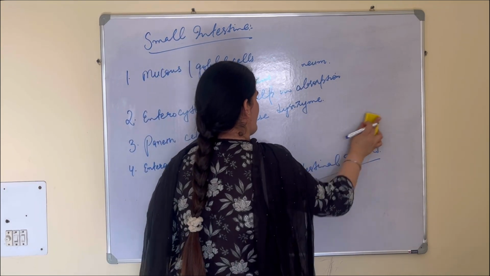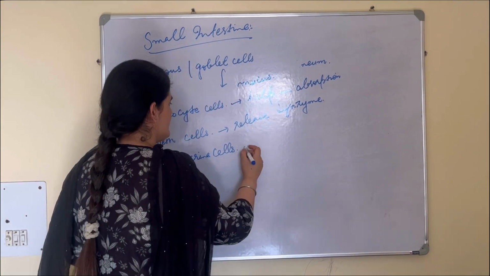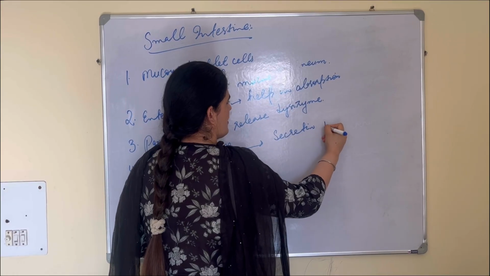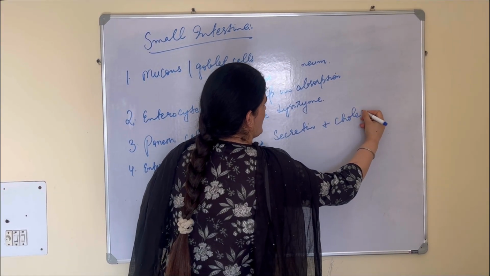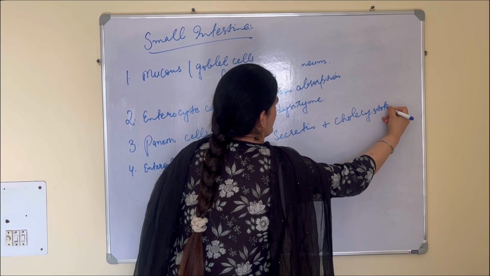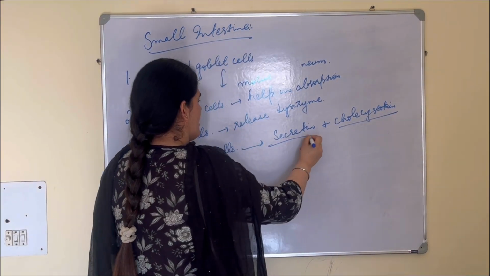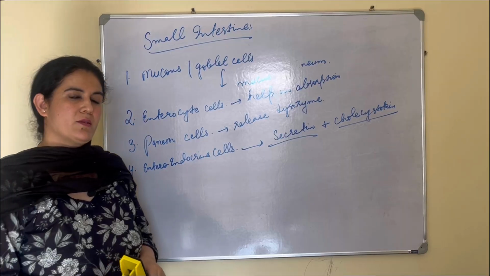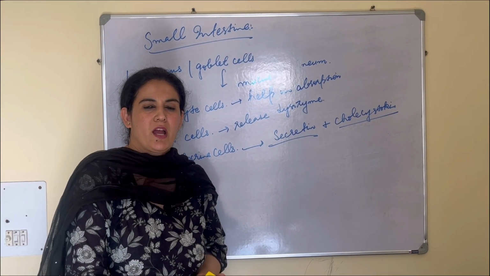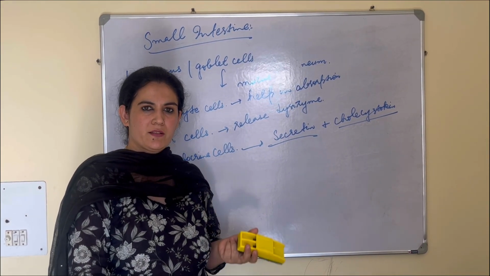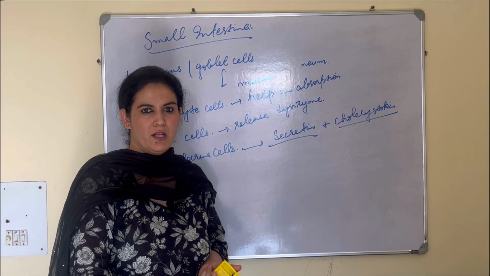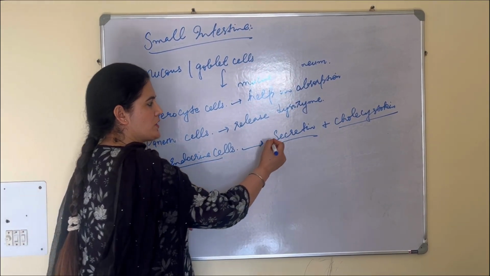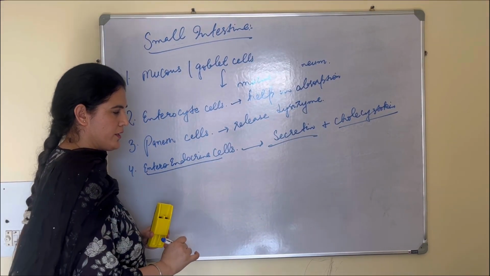And then we have enteroendocrine cells, which secrete secretin and cholecystokinin. Now see, students, lysozyme is an antimicrobial enzyme which protects our intestine from bacterial infection.